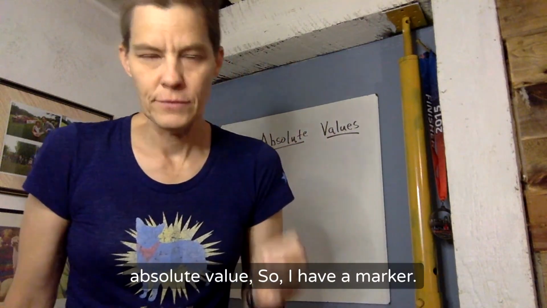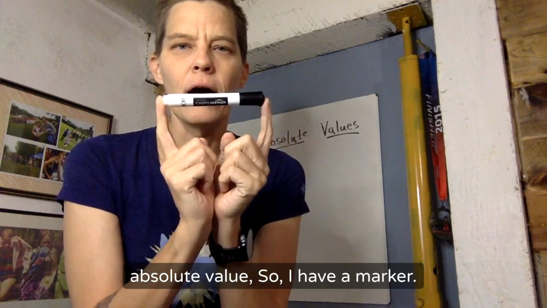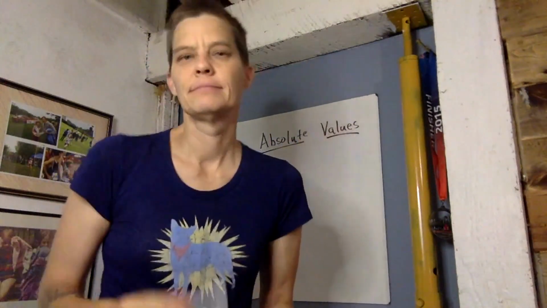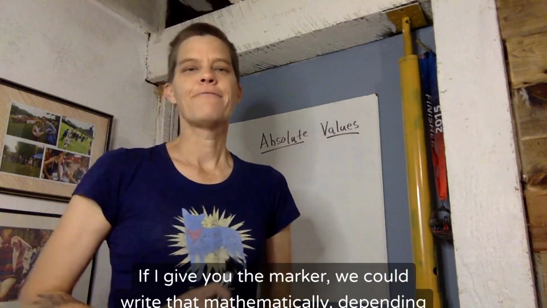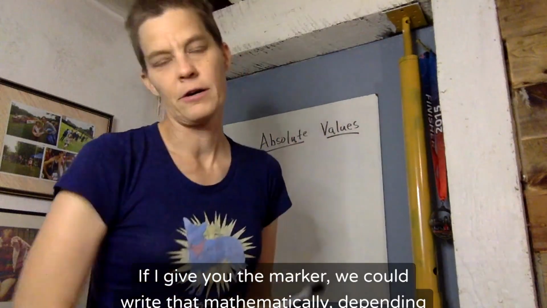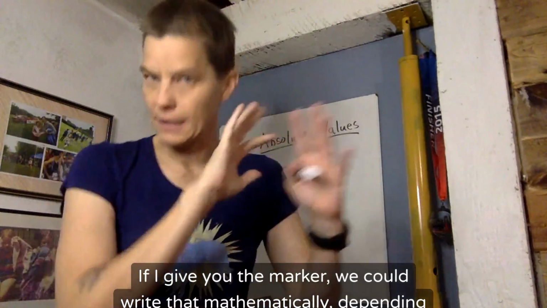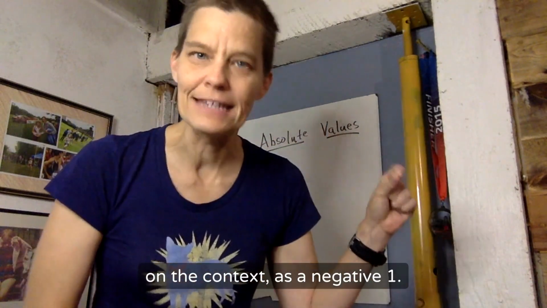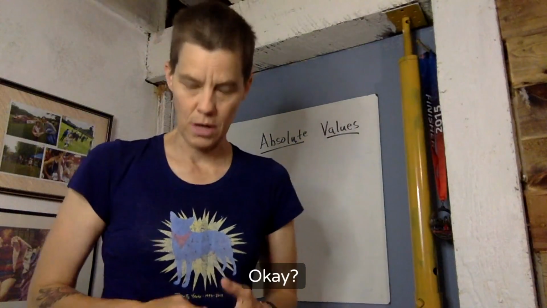Absolute value, okay? So I have a marker. It is 1, right? If I give you the marker, we could write that mathematically, depending on the context, as a -1. I gave it to you, okay?